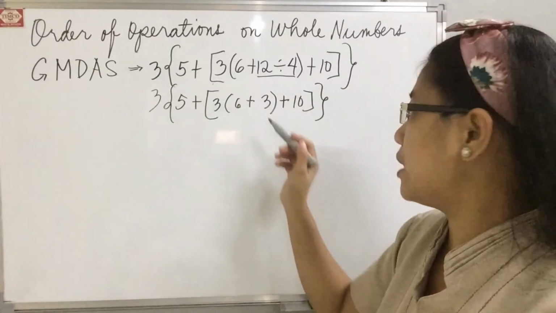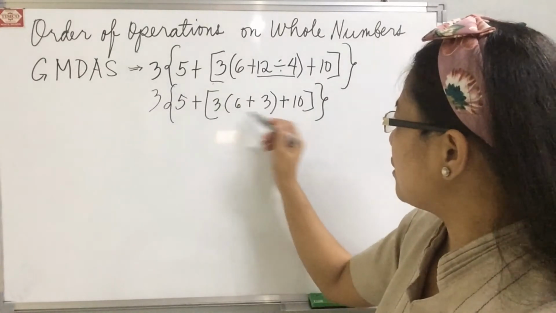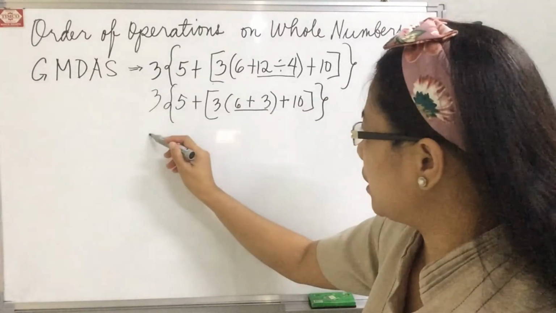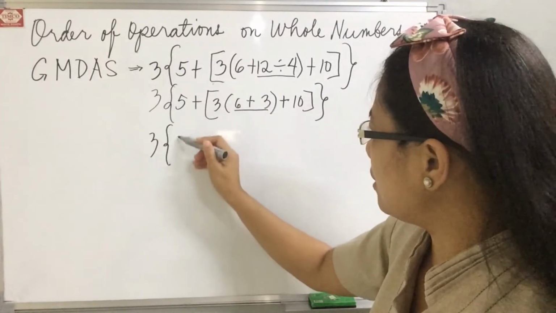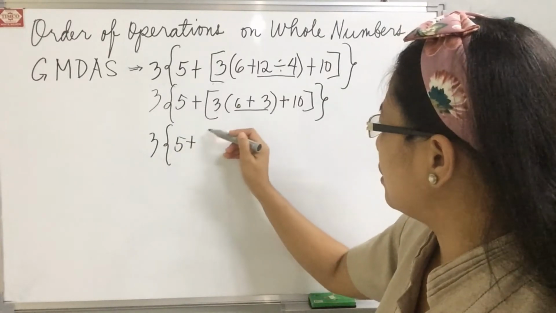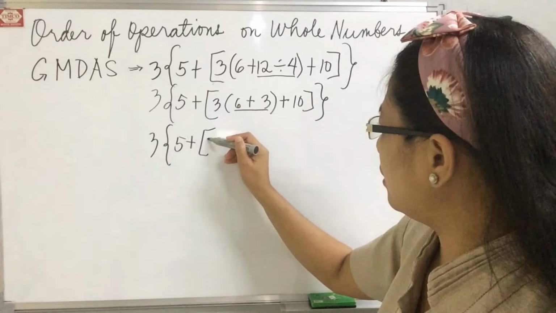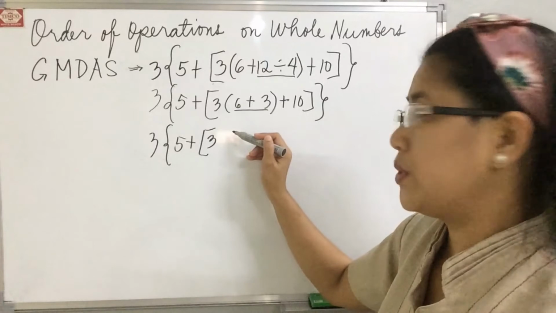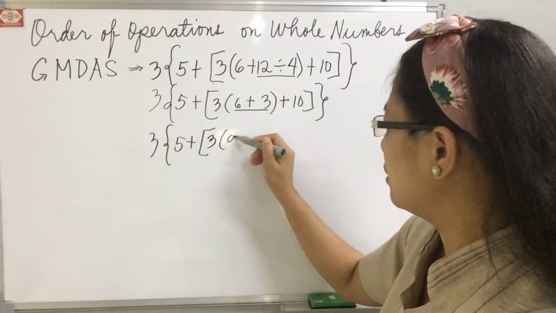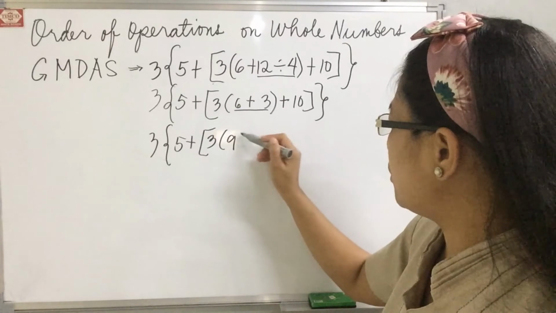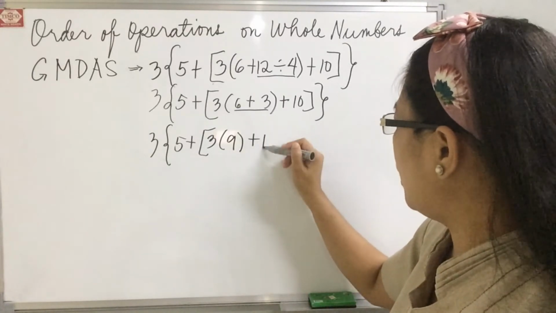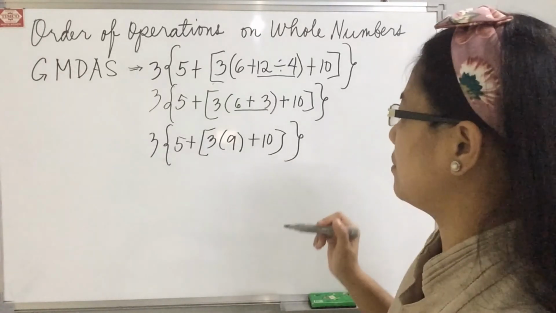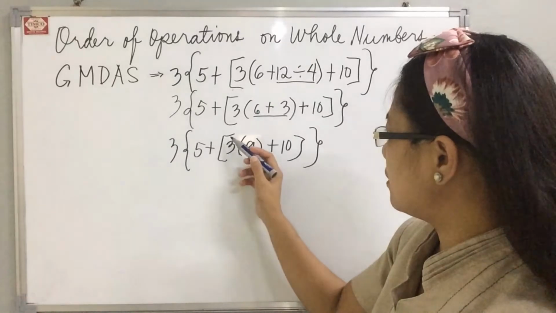Next, we still have a parenthesis here, so we have to solve first 6 plus 3. Again, bring down 3, the brace, number 5 plus the bracket sign, and 3. 6 plus 3 is equal to 9. Open parenthesis, 9, close parenthesis, plus 10, the close bracket, and then the close brace. So the innermost group now is the bracket.